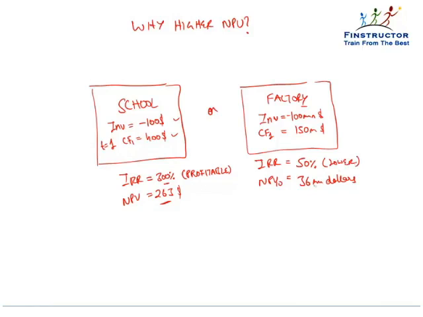But in absolute terms, your shareholders would be richer by $36 million. So what would they want? $263 or $36 million, even if profitability is a little lower? So that's why we choose the higher NPV, because it means more absolute shareholder wealth. Whereas the IRR only implies a high profitability.